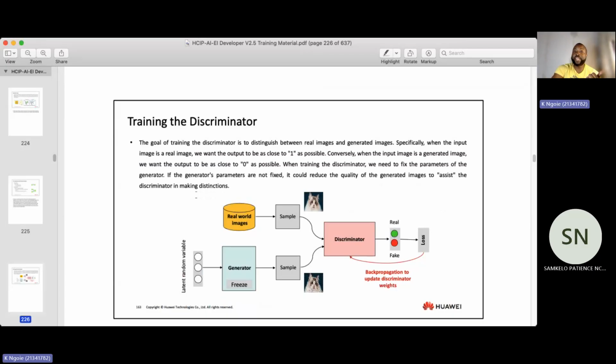Okay, so both get better over time. The counterfeiter makes more realistic money, and the officer becomes a better detective. So eventually, the fake becomes close to the real one. So that's exactly how the GAN neural network will work. So you need to understand that the GAN is composed of two neural networks, the discriminator and the generator.